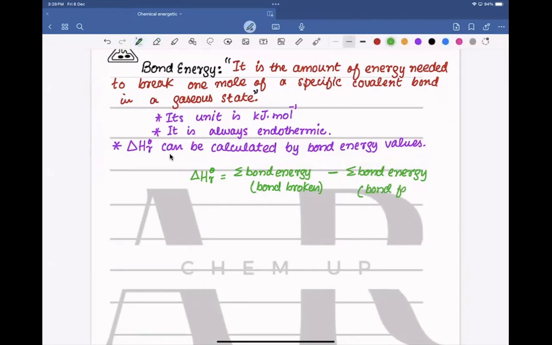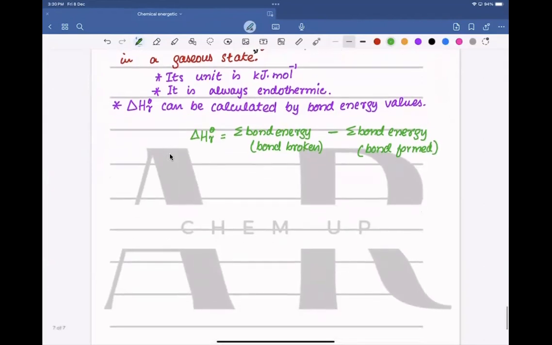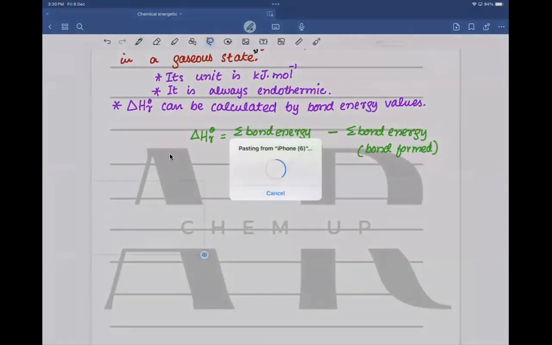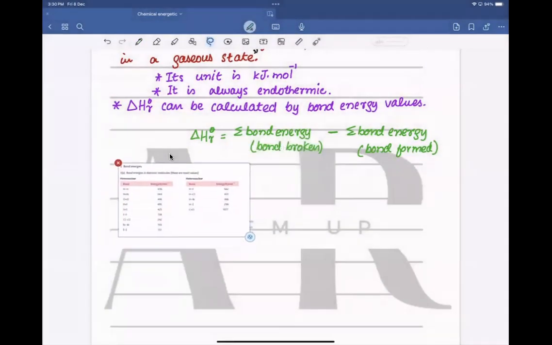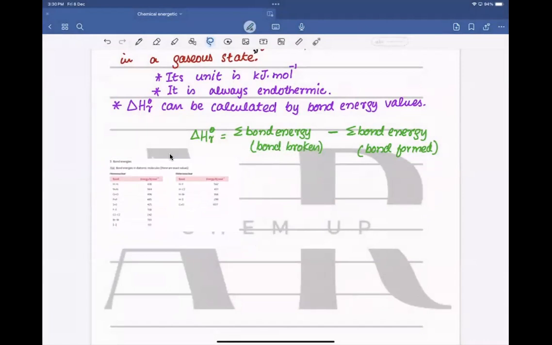So that is the expression which we are going to use to calculate the enthalpy change of a reaction if we know the bond energy. Is this understandable? Yes, sir. Okay. Yes, Kubra and Amna? Yes, sir. So see, these values usually are provided to you in the paper.